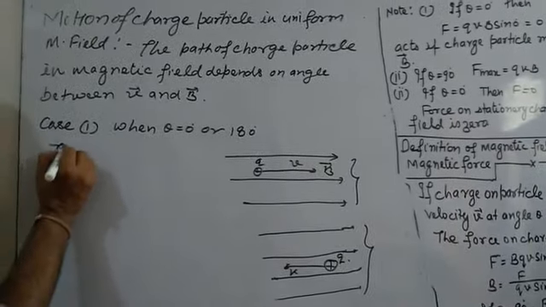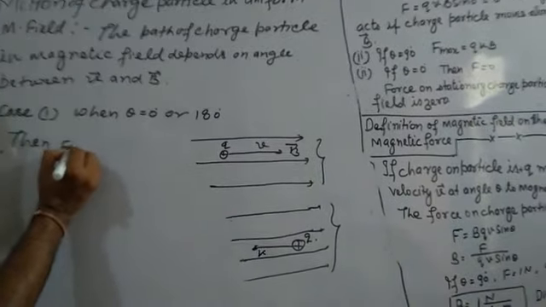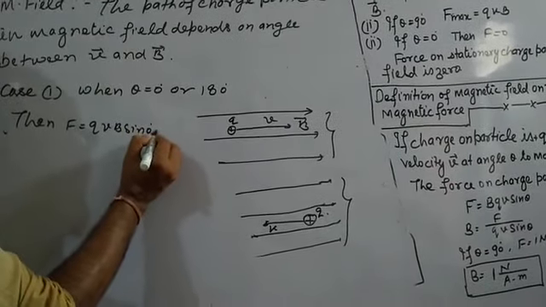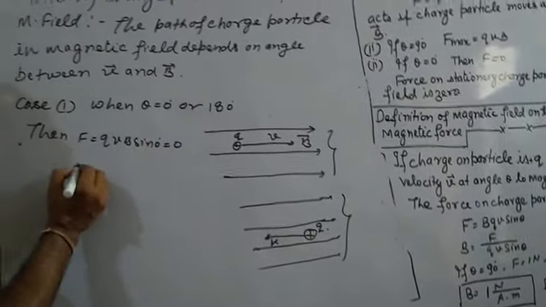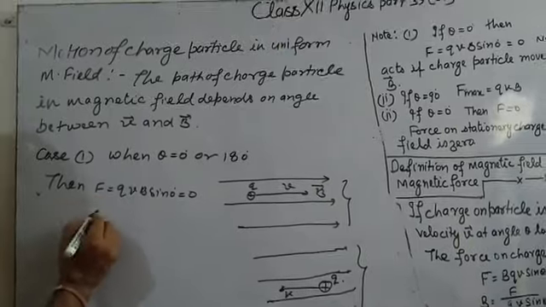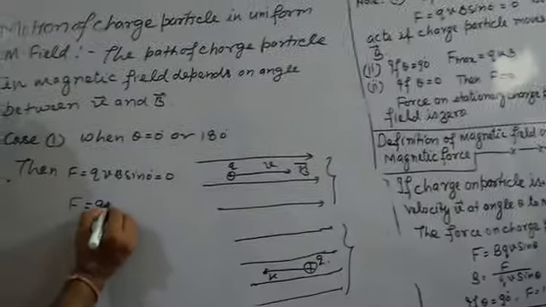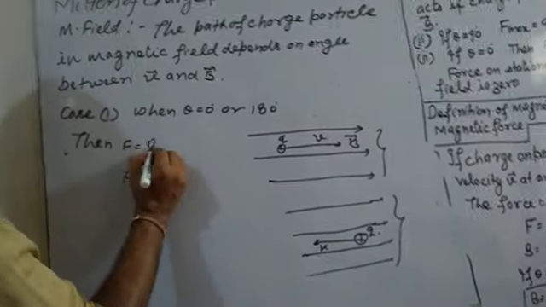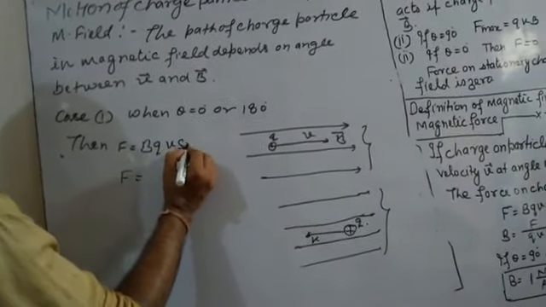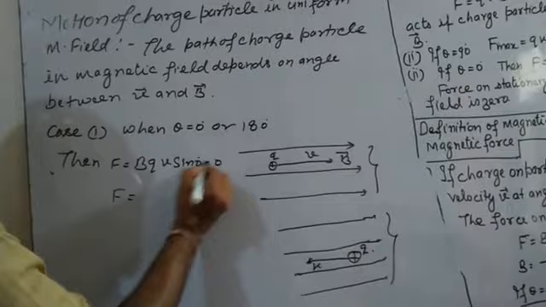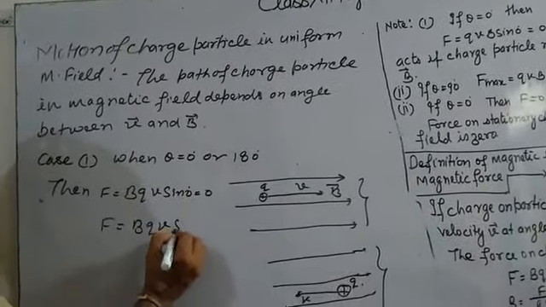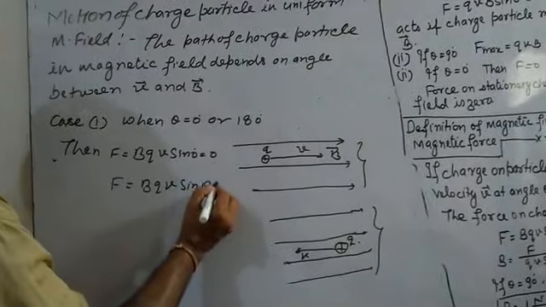Then F equal to q v B sin 0, that is 0, or F equal to B q v sin 180 equal to 0.